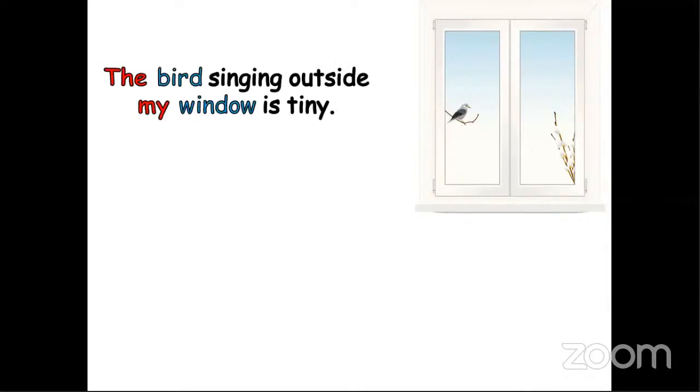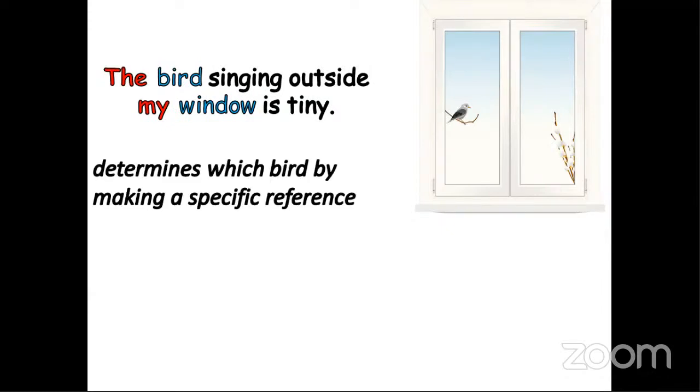Now supposing the sentence is, the bird singing outside my window is tiny. Here, the is determining a particular bird, a particular noun. So here it is very specific. Is it not? When I say the bird, but in the previous example, when I said a bird, it is making a general reference, some bird. But here I'm very specific.